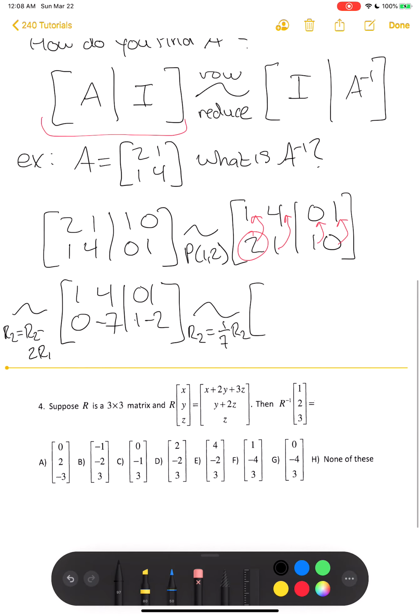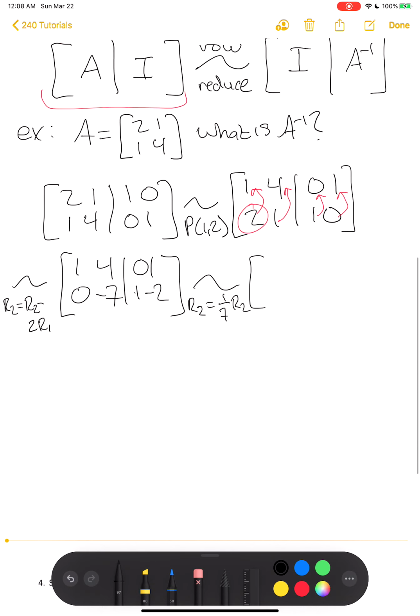So I'm going to make it a -1/7 just so I can get rid of the negative sign as well. So I have 1, 4, 0, 0, 1 up here. This becomes a 1, obviously, because I wanted it to. And then I have -1/7 here and +2/7 here.